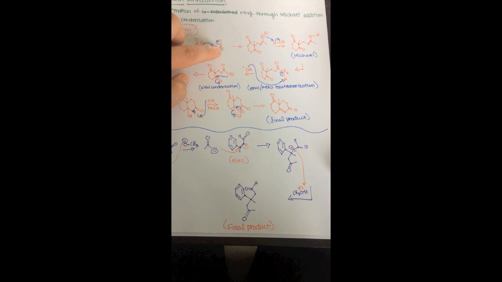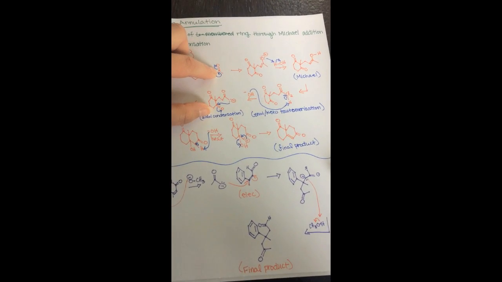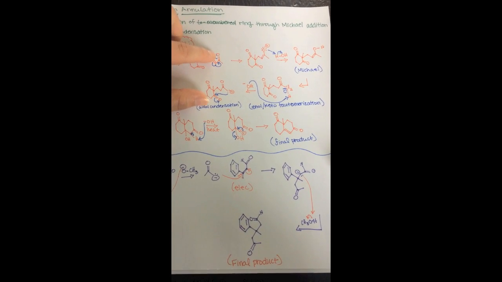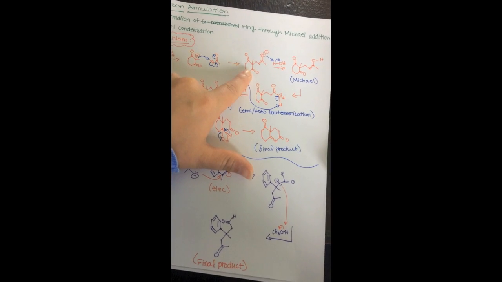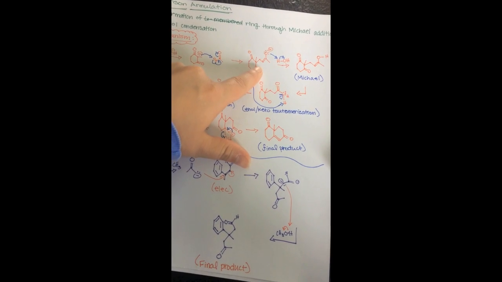The nuke then attacks the electrophile, going through that double flip of the electrons, and then in turn flipping the electrons of the carbonyl carbon and the oxygen back onto the oxygen. So then we have our nucleophile and electrophile attached at this point.